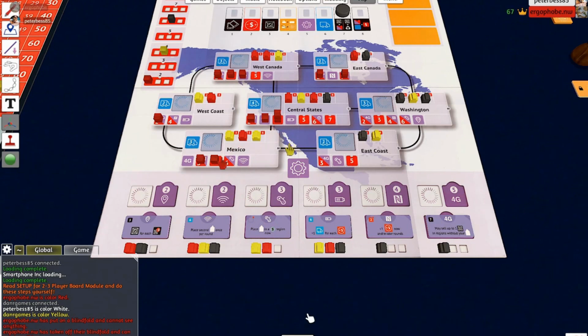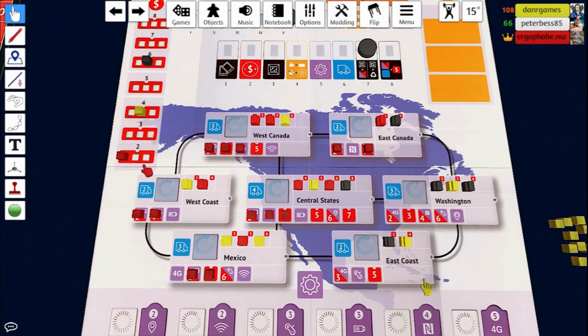Did you notice that you put 2 cubes on that one space somehow? Oh, well, okay, so I can still do that. All right. Thank you. Way to be an honest player, Dan. I was going to say, 12 didn't seem to go very far. So let's see. My price is 4, and I don't have 4G.